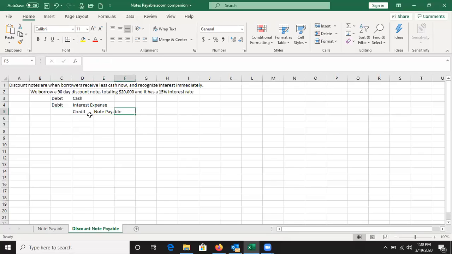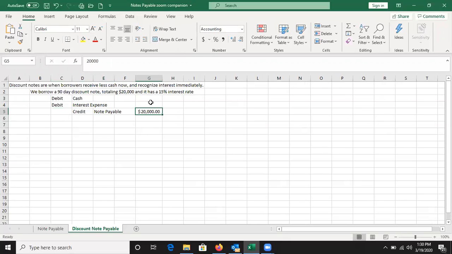Now, right away, the easiest thing you could do is fill in what you credit notes payable for. Notes payable gets credited for the full value of the note, no matter what. So $20,000. This is the amount we definitely have to pay back when the time comes. It's the principal of the note.